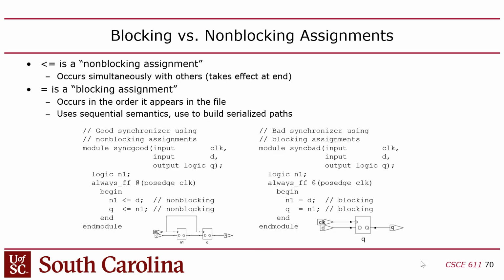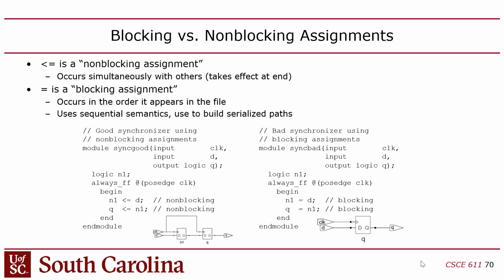However, it gets a little weirder, because if you have a dependency in terms of your assignments, notice here I set N1 to get D, and then Q gets N1. There's a dependency there where the first line of code sets a value that the second line of code uses as an input. The behavior of that will depend on whether you use blocking or non-blocking.